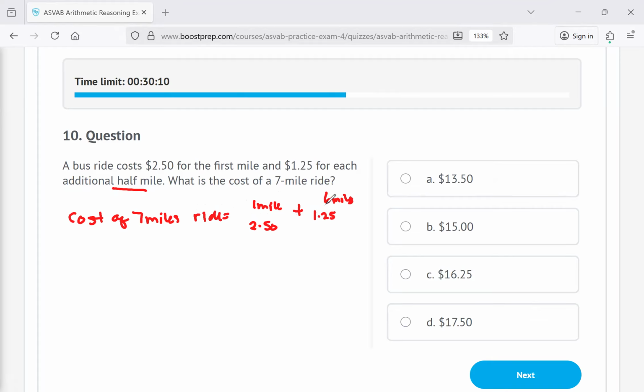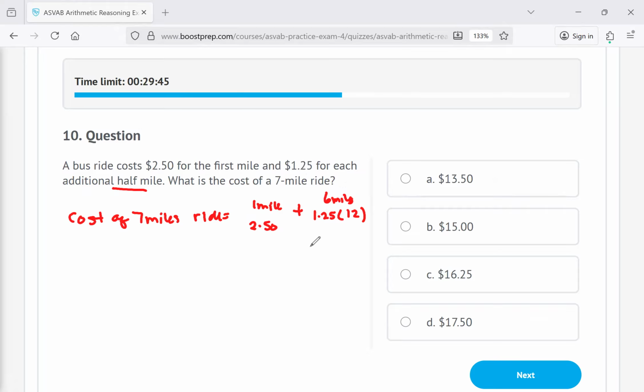So it's not 6, because we want full miles, so a half mile would be 12, right? So instead of multiplying 1.25 by 6, you're going to multiply by 12, because this only represents a half a mile. We need two half miles to make 1 mile, right? So this is why I doubled 6 to 12.